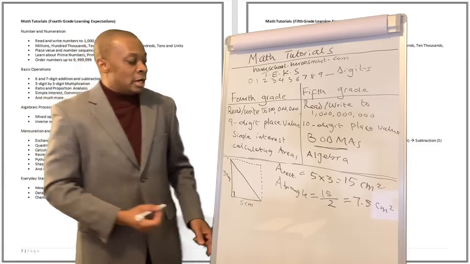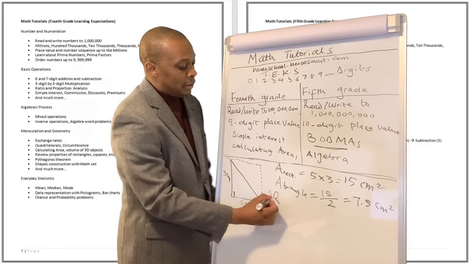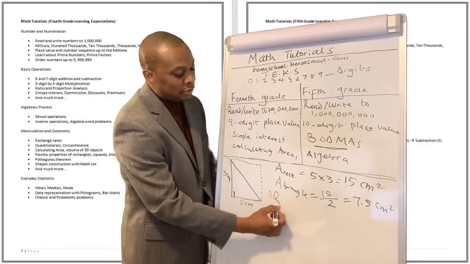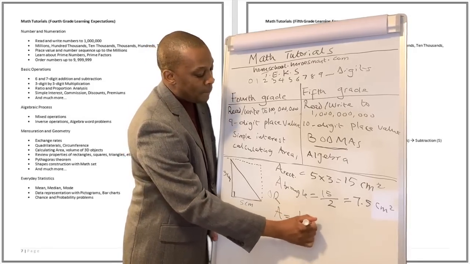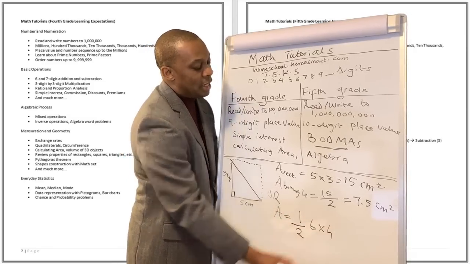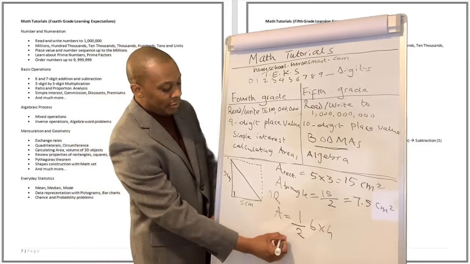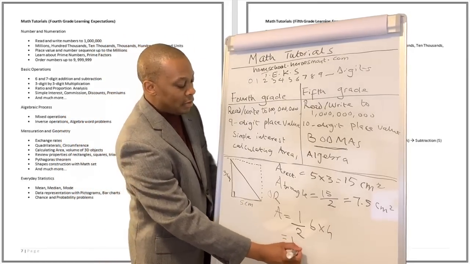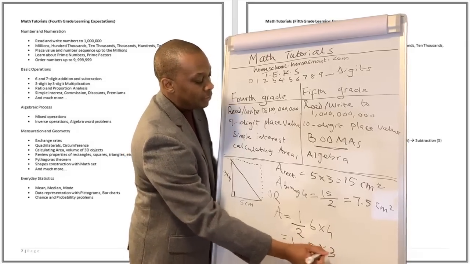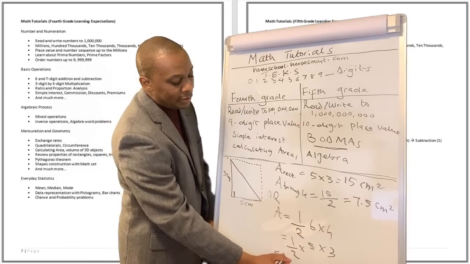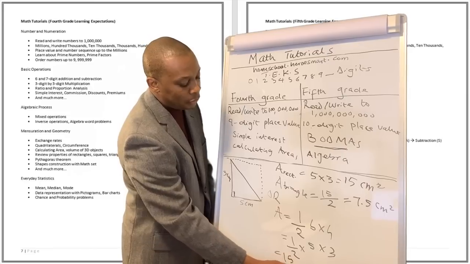All right. Another way that we can use to calculate the area of a right-angled triangle is to use this formula here, which is going to be half base times height, which is going to be equivalent to half multiplied by the base, which is 5, and then multiplied by the height, which is 3, which is going to be equivalent to 15 divided by 2.